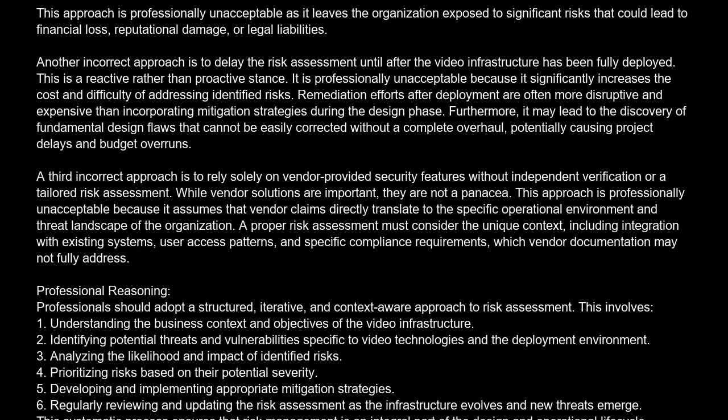Professional reasoning. Professionals should adopt a structured, iterative, and context-aware approach to risk assessment. This involves: 1. Understanding the business context and objectives of the video infrastructure. 2. Identifying potential threats and vulnerabilities specific to video technologies and the deployment environment. 3. Analyzing the likelihood and impact of identified risks. 4.